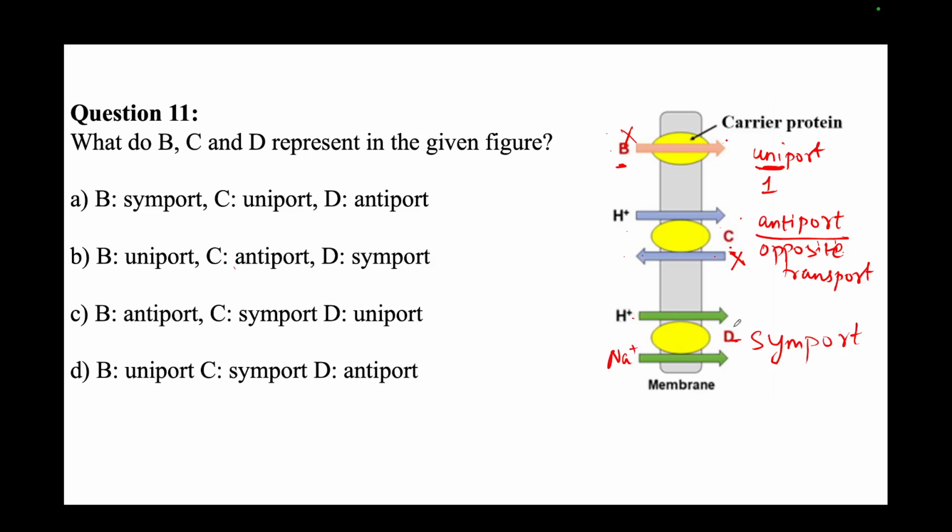Whenever H plus moves from left to right, at the same time Na plus will also move from left to right using this symport carrier protein D. So the correct answer would be option B, that is first is uniport, second is antiport and third is symport.